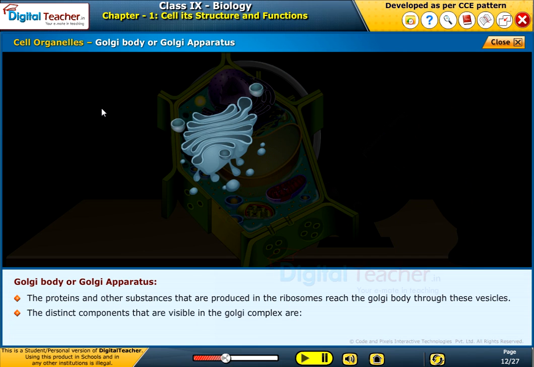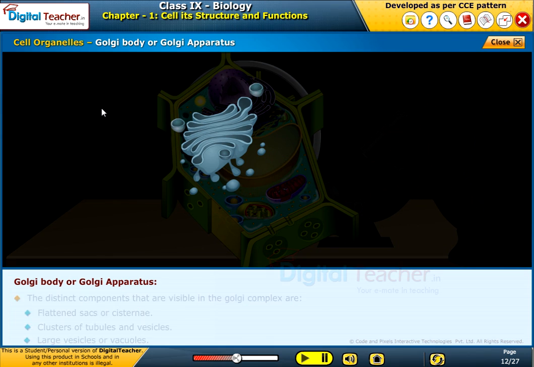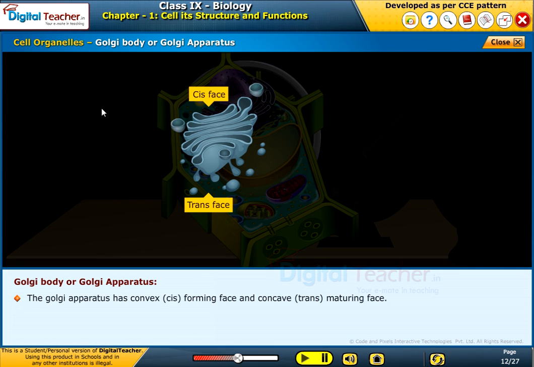The distinct components that are visible in the Golgi complex are flattened sacs or cisternae, clusters of tubules and vesicles, and large vesicles or vacuoles. The Golgi apparatus has a convex forming phase and a concave maturing phase.